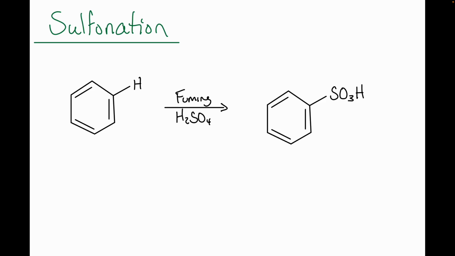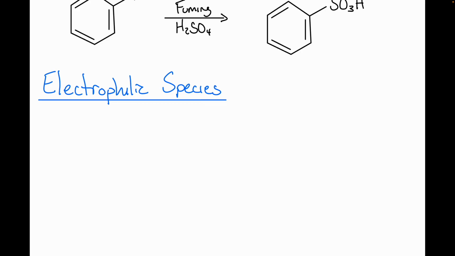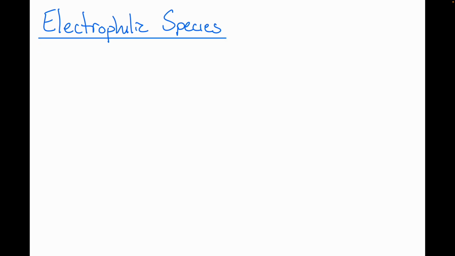All right, and we need our electrophilic species. What we're going to see is these 2 molecules of sulfuric acid will react with one another. All right, so we're going to do one where we show all of our Lewis structure here.